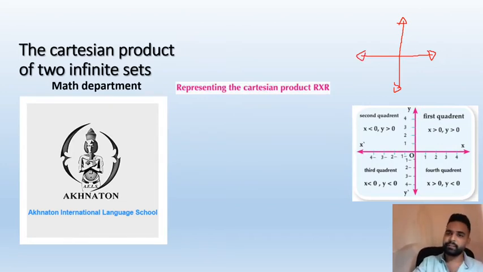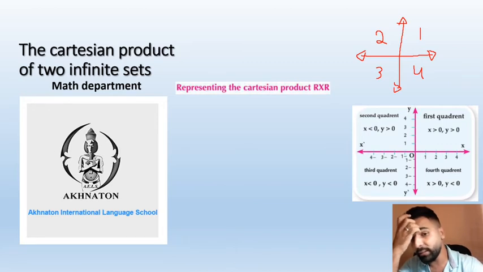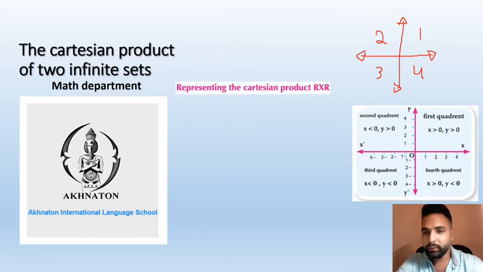Here is the first quadrant, here is the second quadrant, here is the third quadrant, and here is the fourth quadrant. In the first quadrant, the first projection x is greater than 0, that means a positive number, and y is positive. In the second quadrant, x is negative and y is positive. In the third quadrant, x is negative and y is negative. And in the fourth quadrant, x is positive and y is negative.